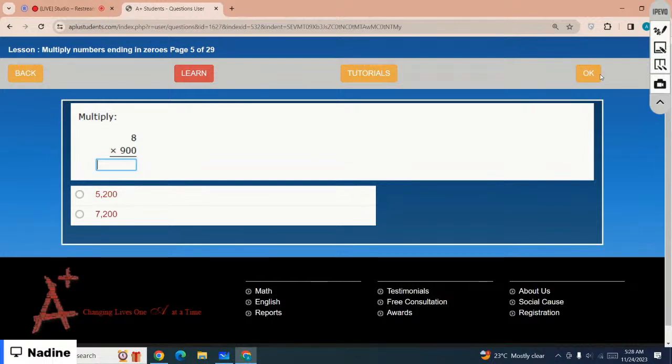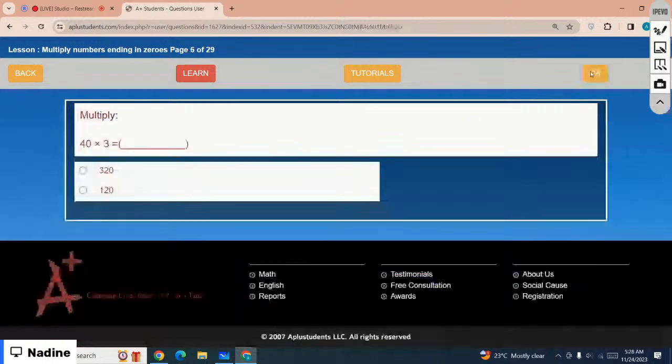So the correct option is 7200. Option number 2 is the correct option. Okay, 40 times 3, which is the correct option? The correct option is 120. Option 2 is the correct option.